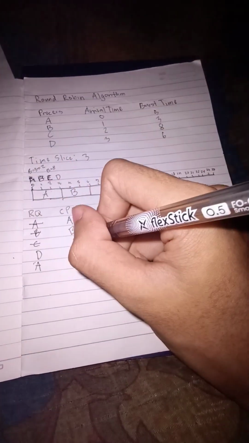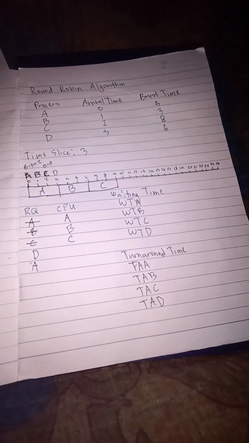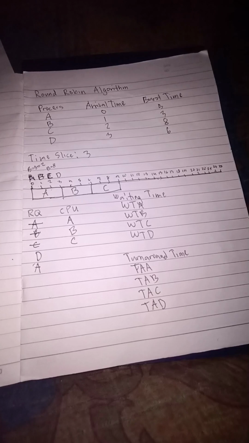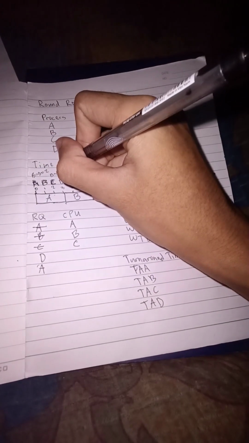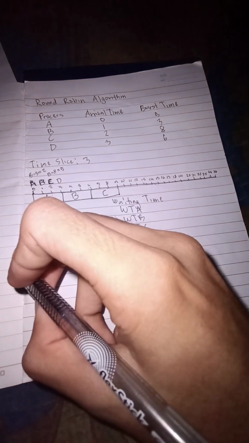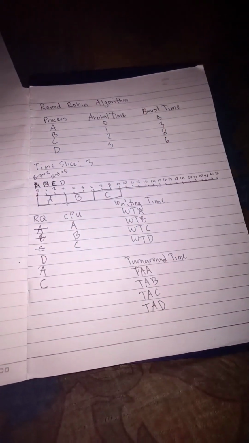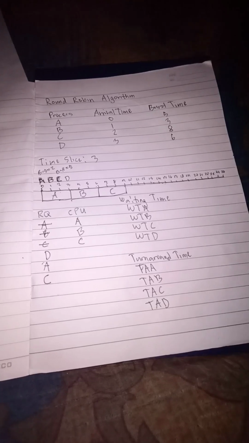C will be removed from the ready queue and will be put in the CPU. But since there is burst time left in the process C, which is 5, process C will go back to the ready queue after the process A.